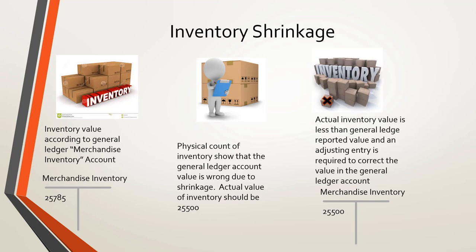We actually only have $25,500 worth of inventory. And so we need to do this adjusting entry that will get us from $25,785 to $25,500 so that our books accurately reflect the actual inventory that we have on hand.